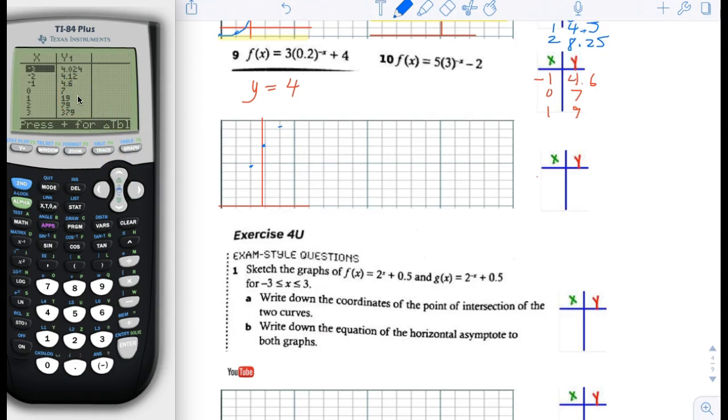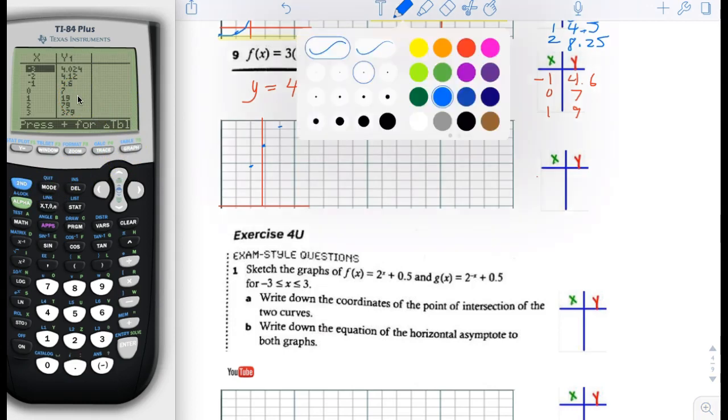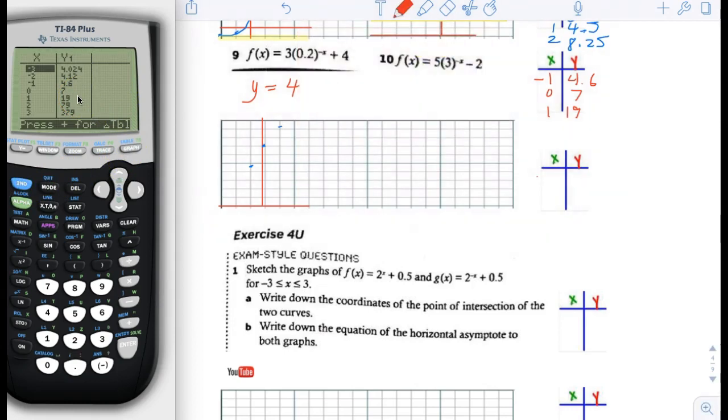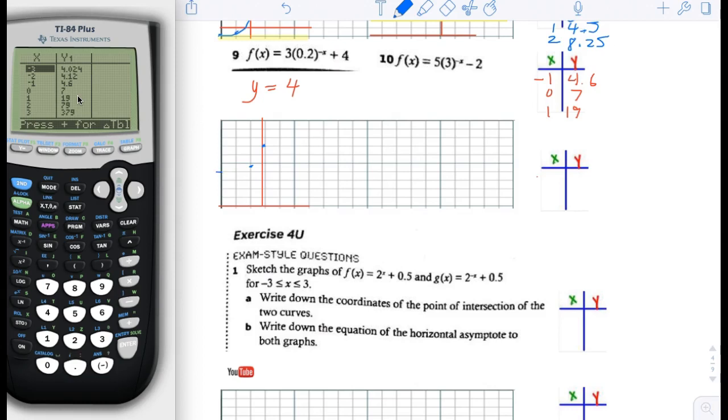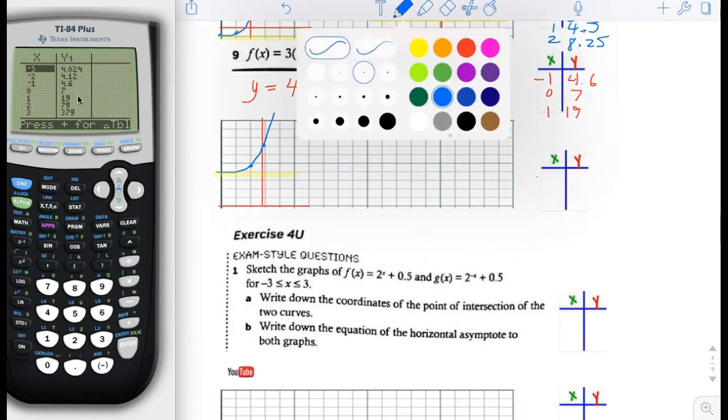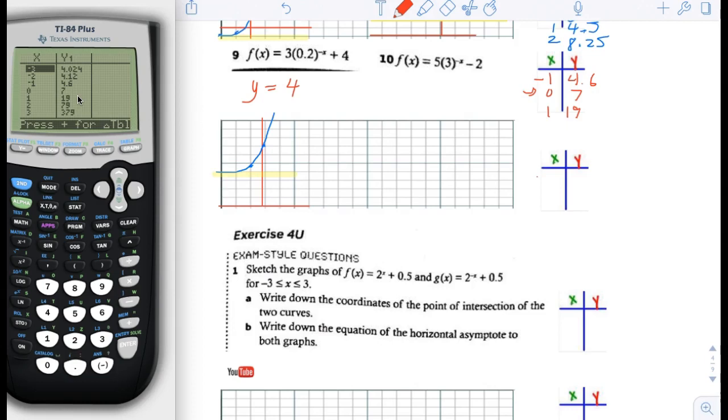Yes, 19. It's 19. So this one's totally off the screen. So let's graph this, and we know that the asymptote is at y equals 4. There's our asymptote right there. All right, and so the y-intercept in this particular case is 0, 7. The y-intercept equals 7.